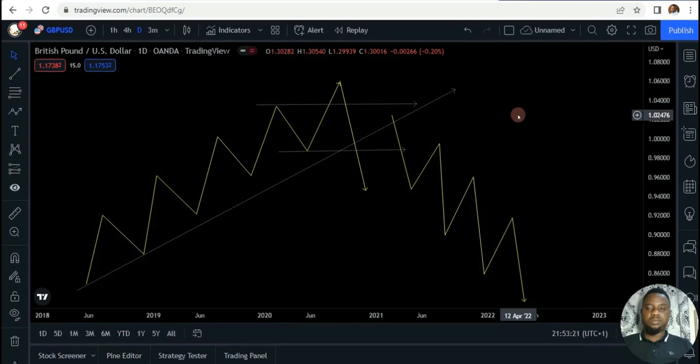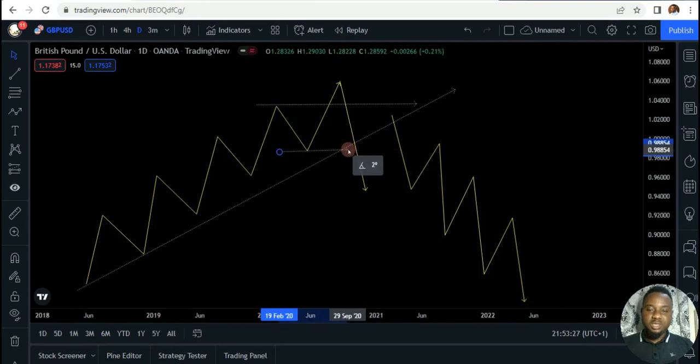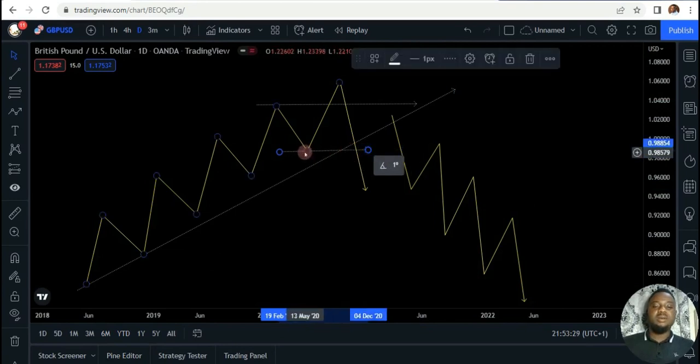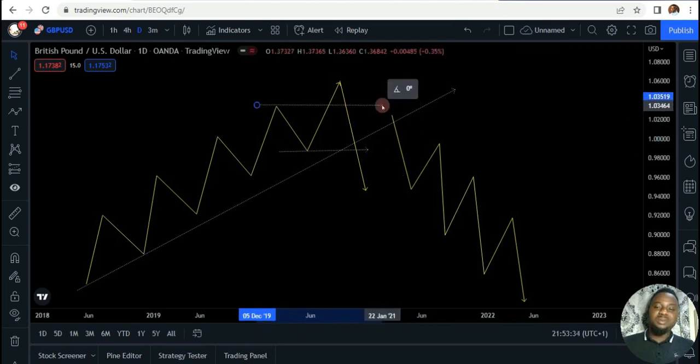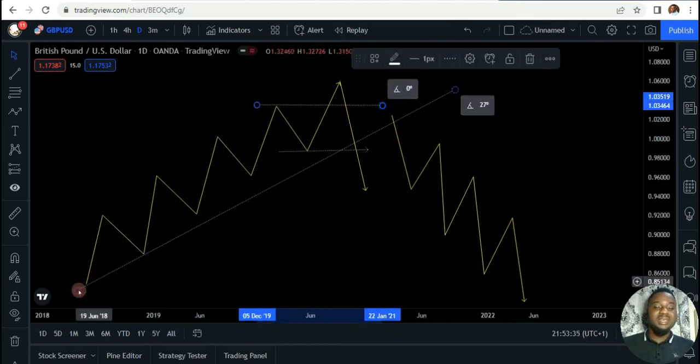So the focus should always be on the swings. You're looking at the last swing low and the last swing high. Now, there are some people that would say that once a trend line is broken, it means that we are about to change trend. For me, that is not the case.